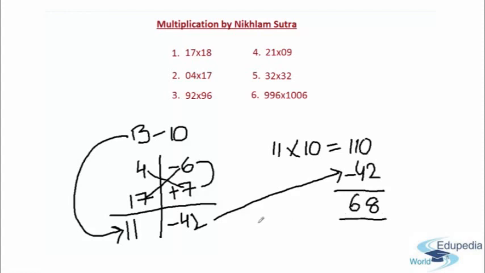So the answer, when you multiply the numbers 4 into 17, is 68. Hope that you have understood pretty well how to use case number 3 of Nikhilam Sutra for multiplication of numbers. So the product that you have got while multiplying the numbers 4 and 17 is 68.